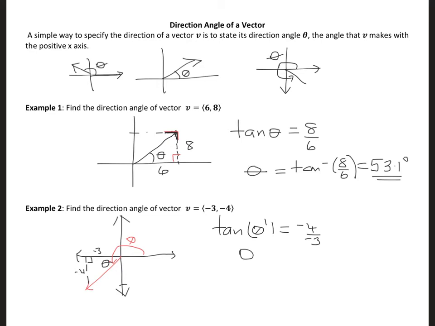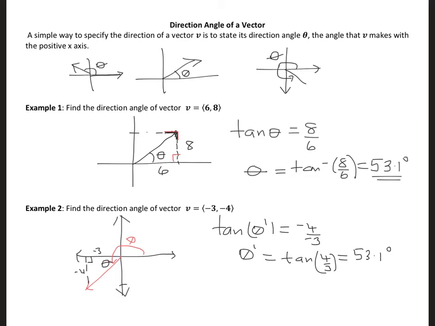So that means this angle, the reference angle, is going to be given by tan inverse of 4/3, which is equal to 53.1 degrees. Note that it is the same angle because I have the same points, just in reduced form.